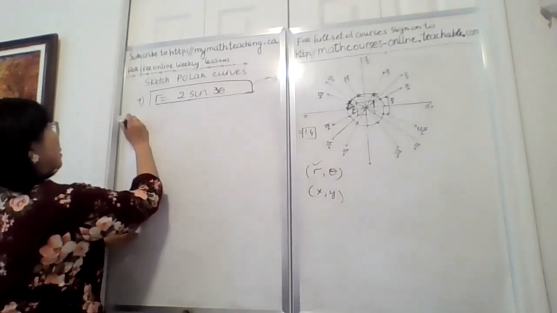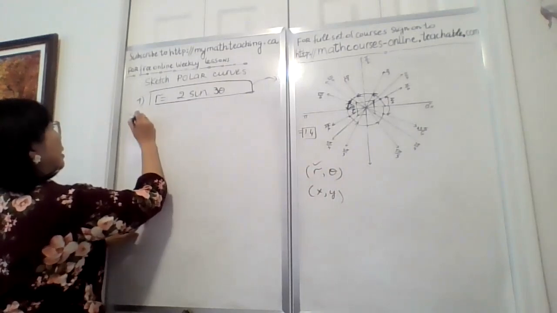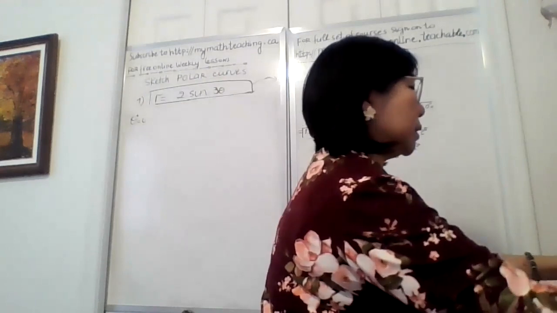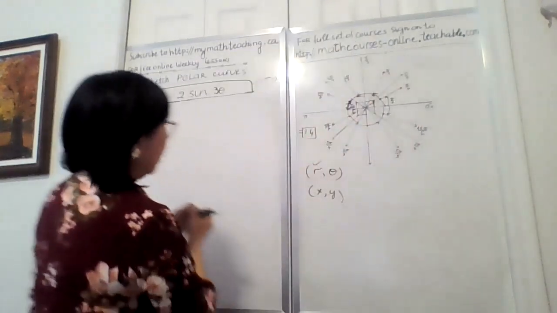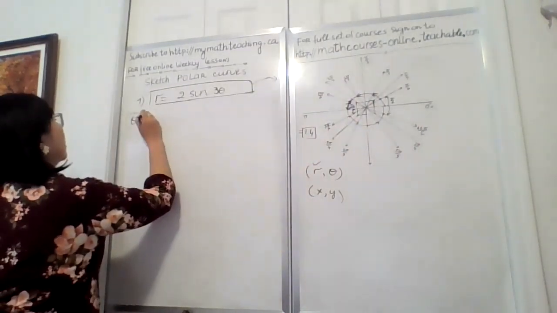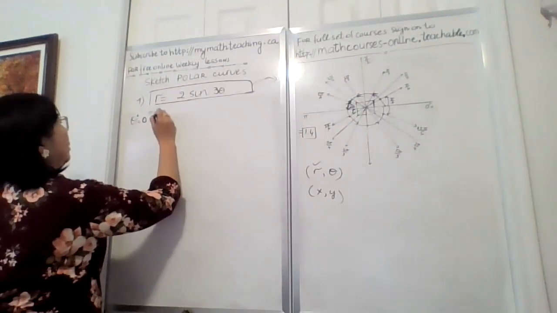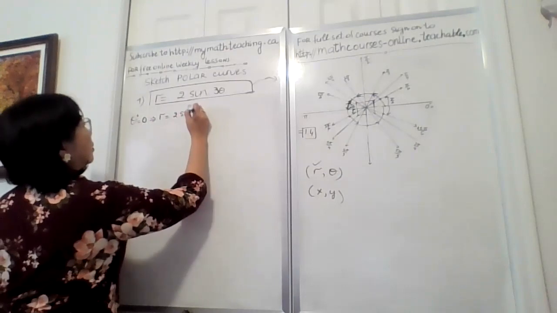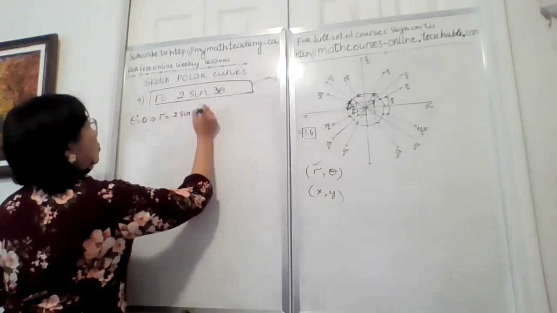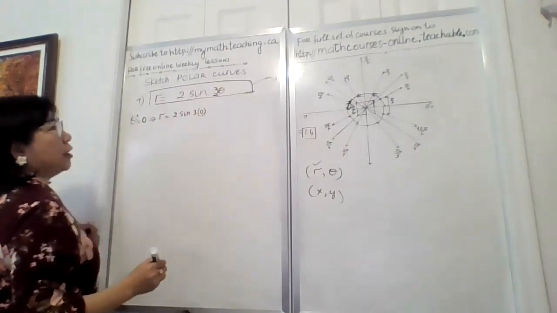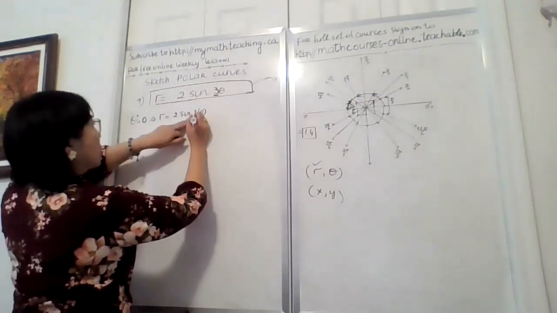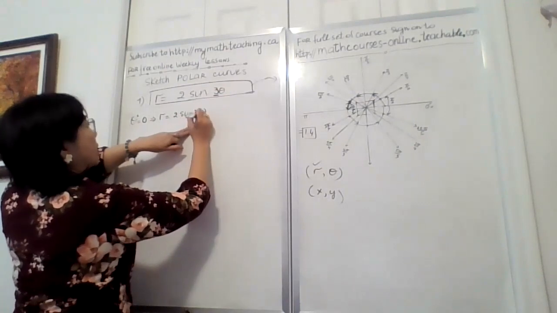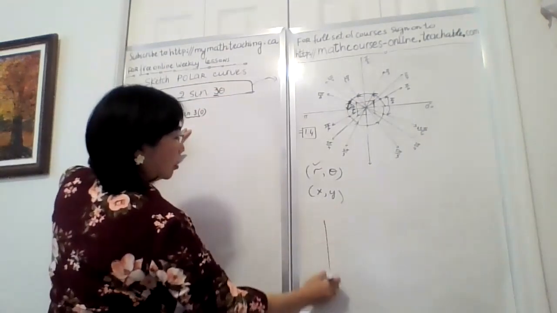Let's start from 0. If theta equals 0, then r will be equal to 2 times sine of 3 times 0. Make sure we know the 3 here, right?